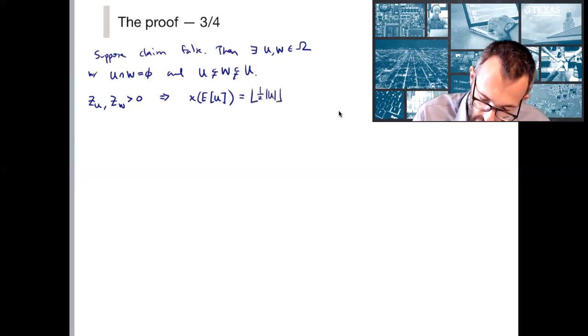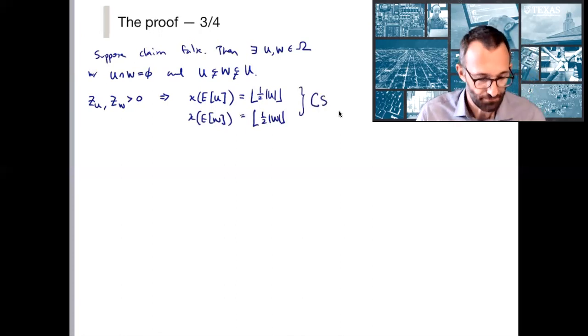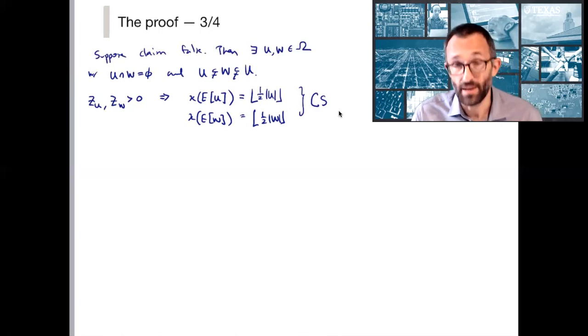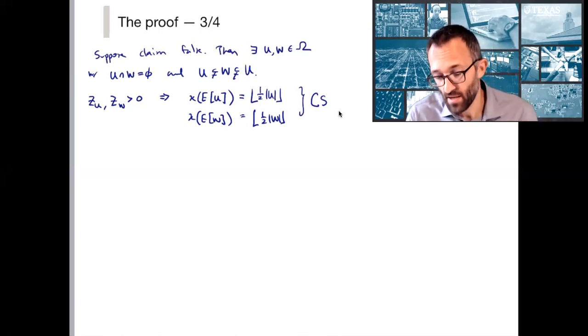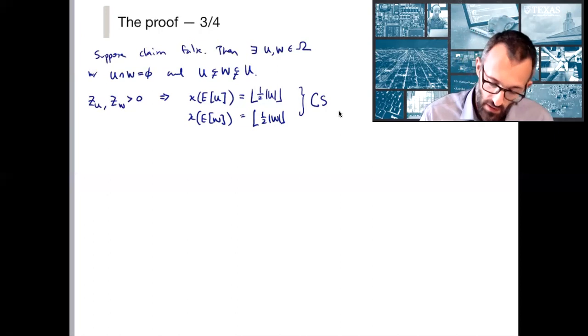And similarly, x of E of W has to equal the floor of 1/2 cardinality of W. And again, this is by complementary slackness, and this holds for any optimal solution x. And in particular, that means it holds for any maximum matching.